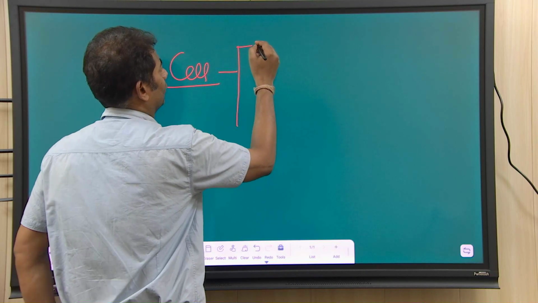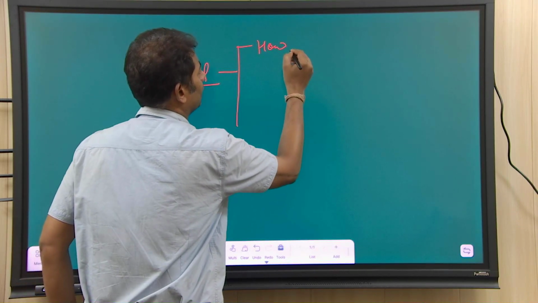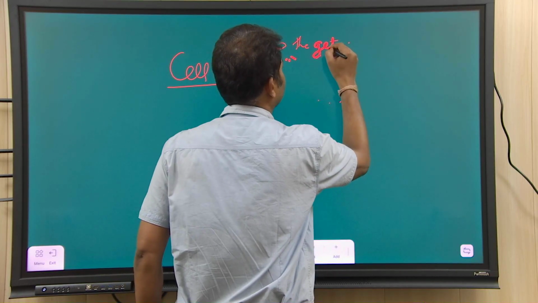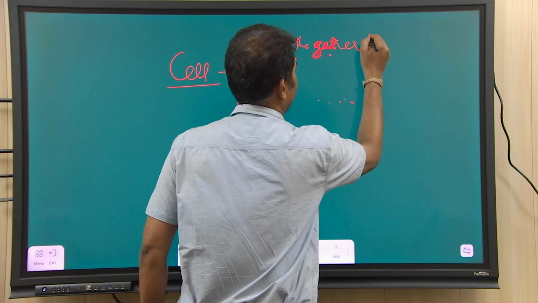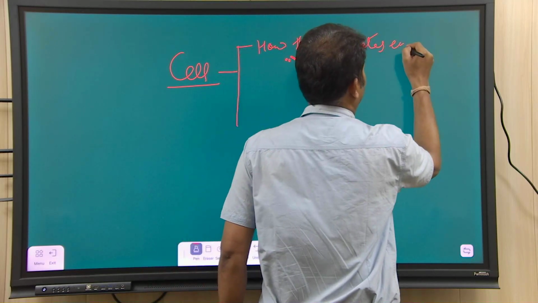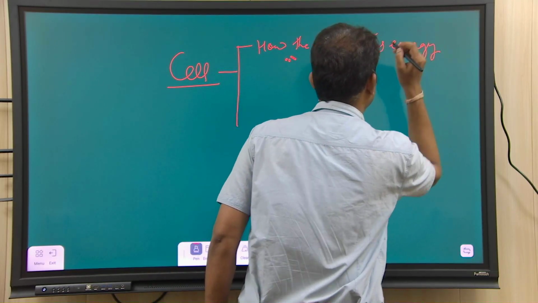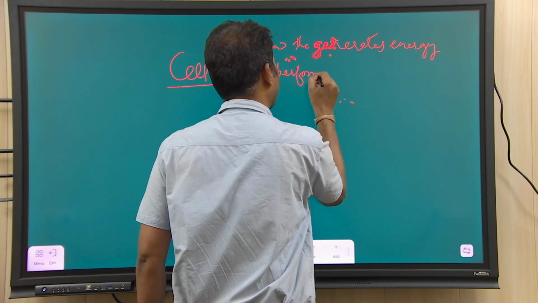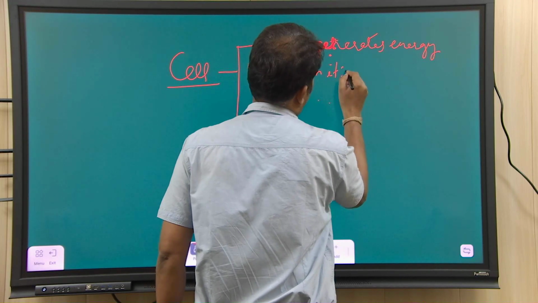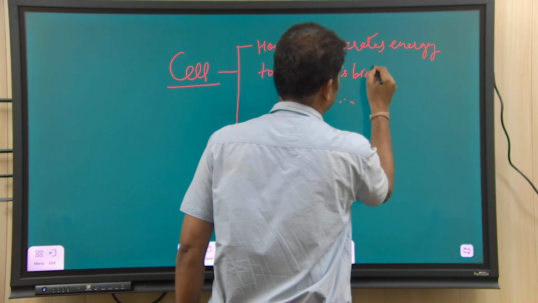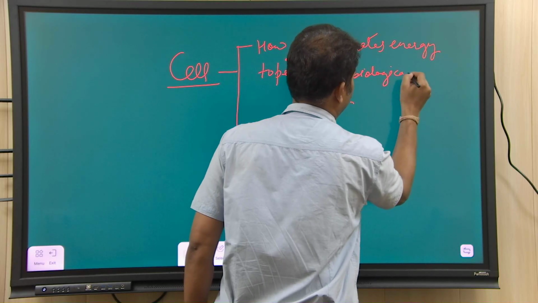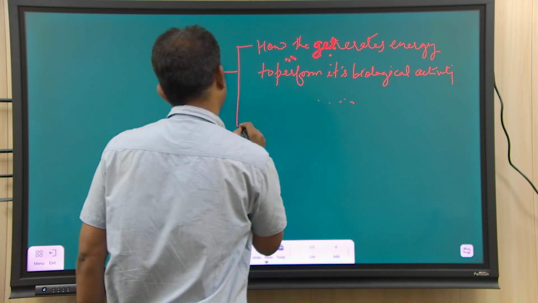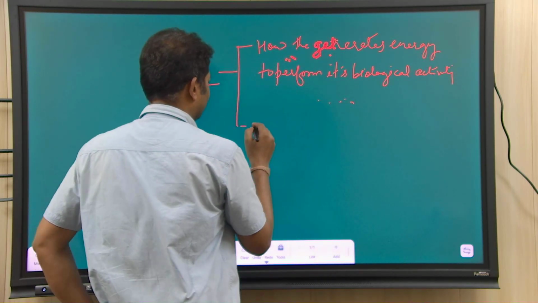The first question is how the cell generates energy to perform its biological activities. And the second is the components of the cell.